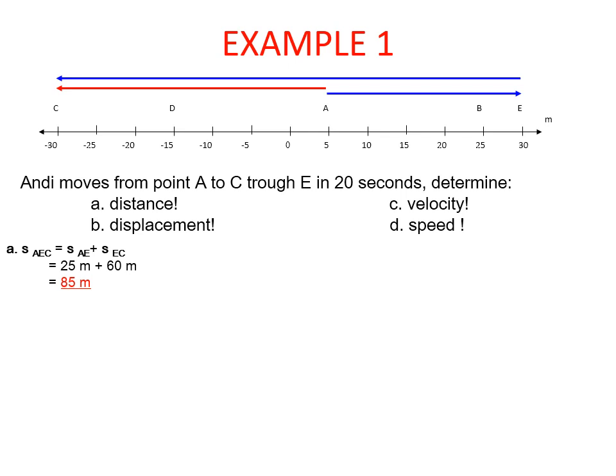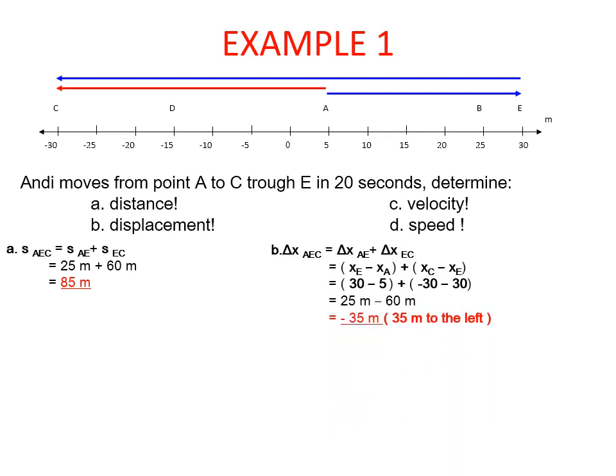Because the displacement just depends on the initial position and final position, the direction for displacement is directly from A to C. Here, displacement delta x_AEC equals delta x_AE plus delta x_EC equals x_A minus x_E plus x_C minus x_E equals 30 minus 5 plus minus 30 minus 30 equals 25 meters minus 60 meters equals minus 35 meters.